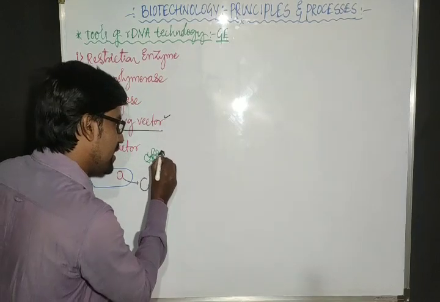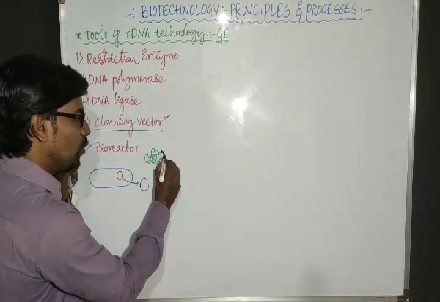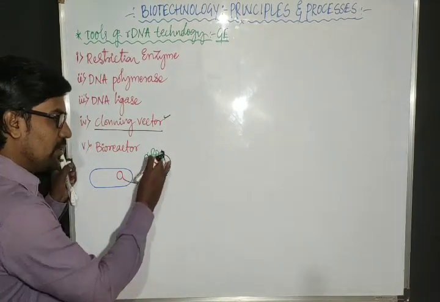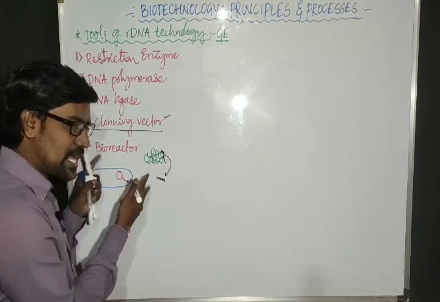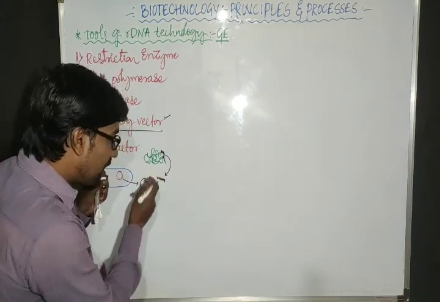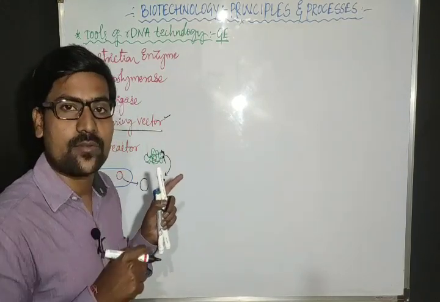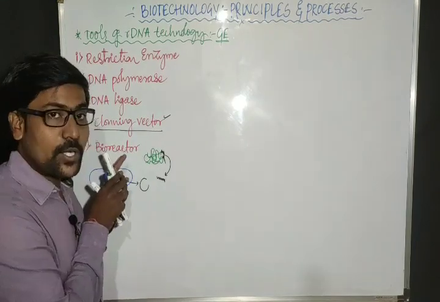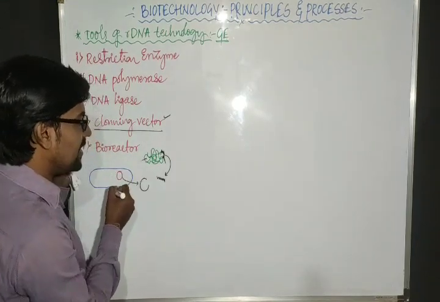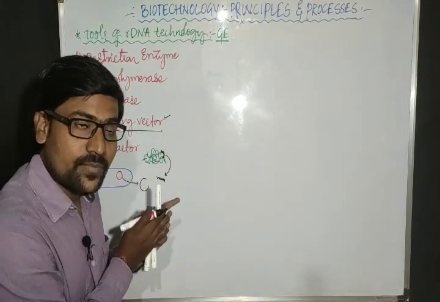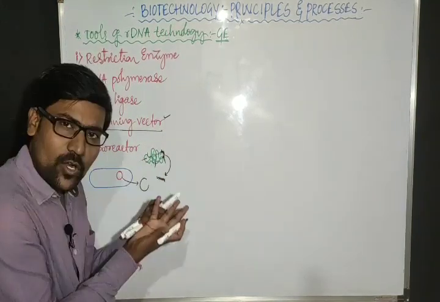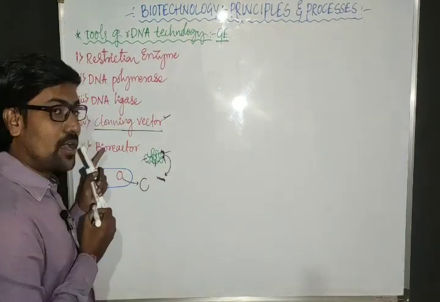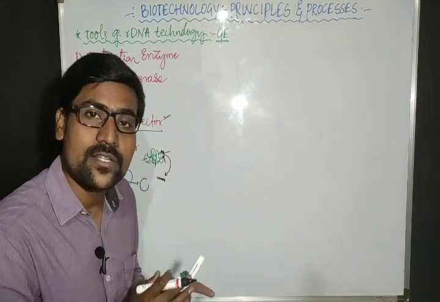In the same way, the DNA is also cut to take the gene. The plasmid and the DNA must each be cut at a particular location. For example, if I cut the DNA here, I cannot get the gene. If I cut the DNA here, I cannot get the gene. Or if I cut at the center of the gene, I cannot get the full gene.